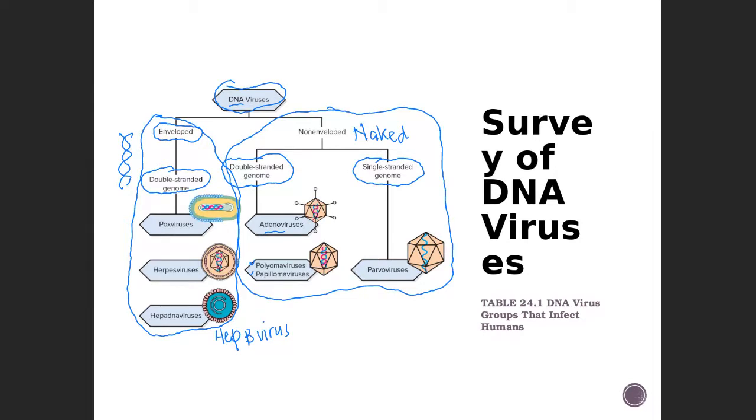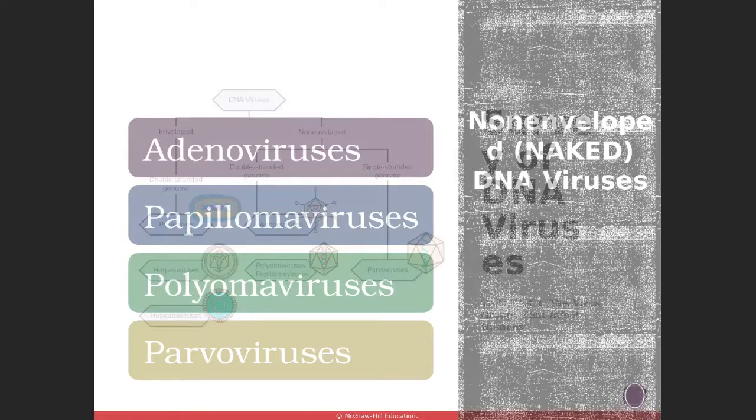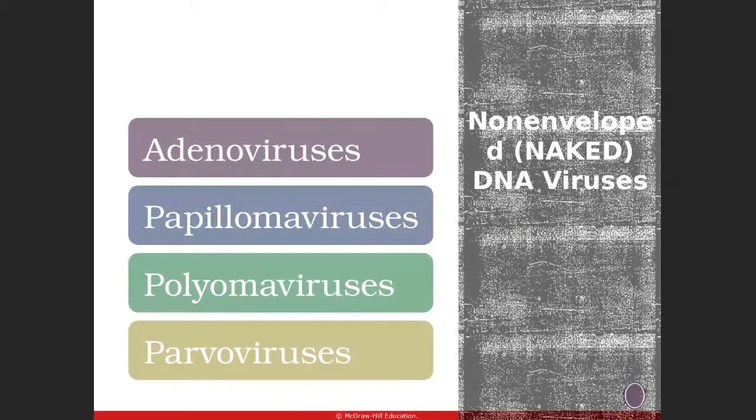So we will continue with the naked, non-enveloped, double-stranded DNA. There will be three groups: the adenoviruses, papillomaviruses, and polyomaviruses.